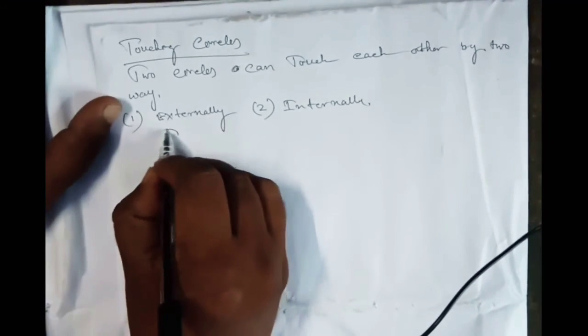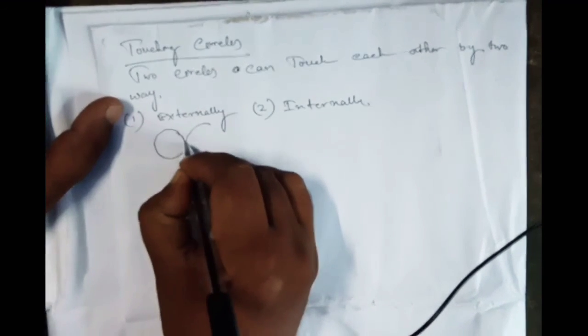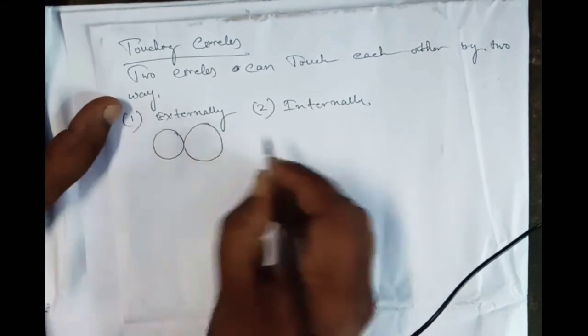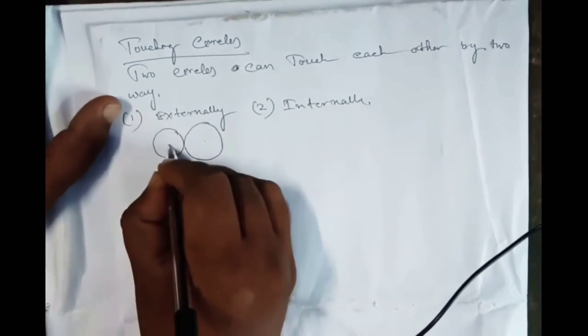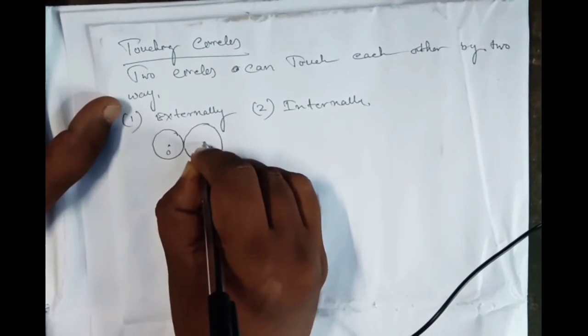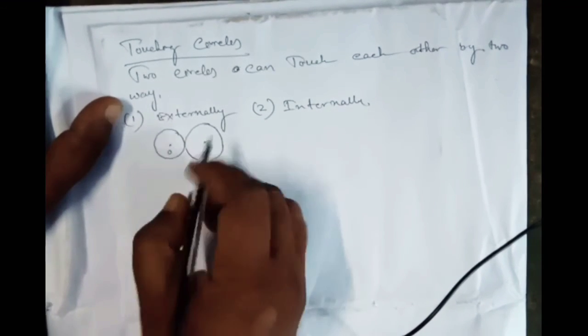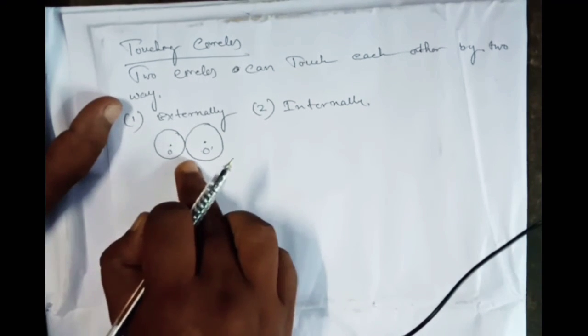Now externally, if we take two circles, this circle and this circle, this is O, this is O dash, the centers of these two circles. So these are touching externally.